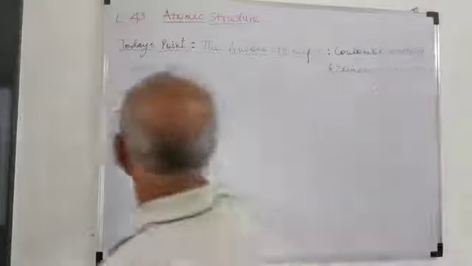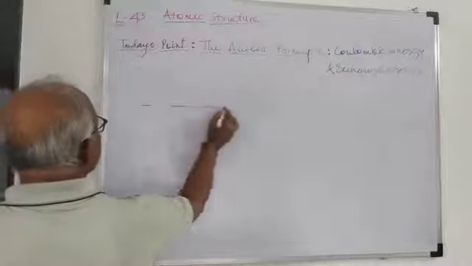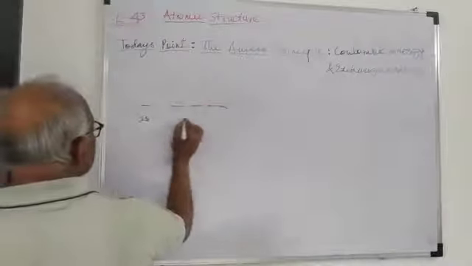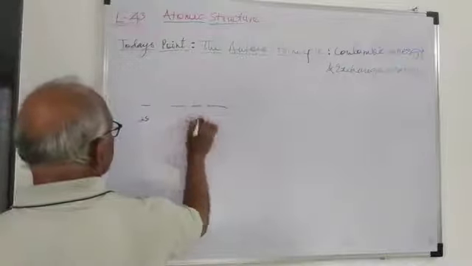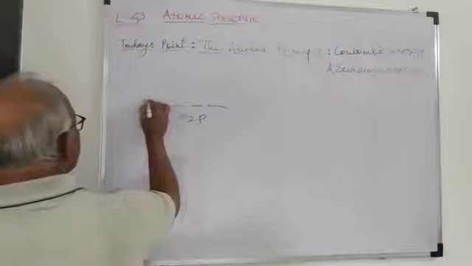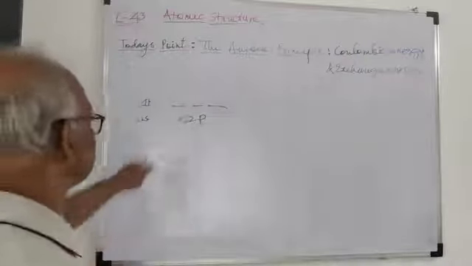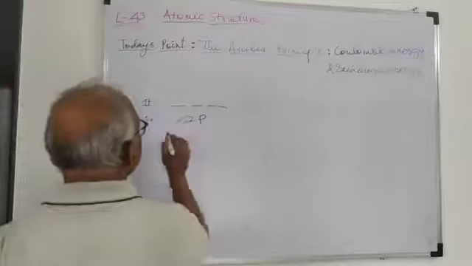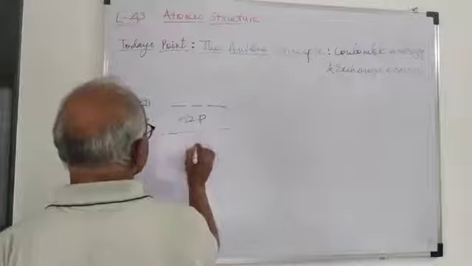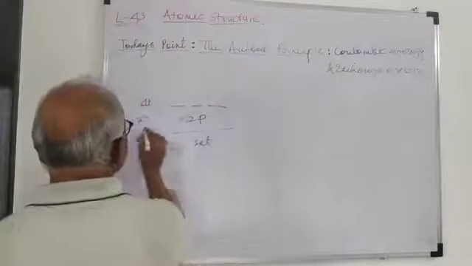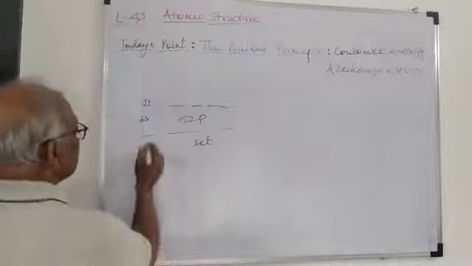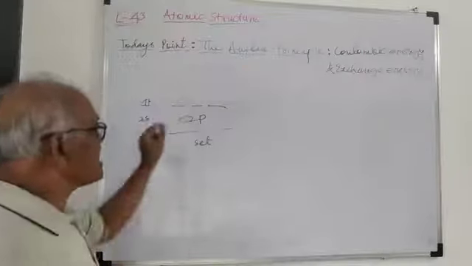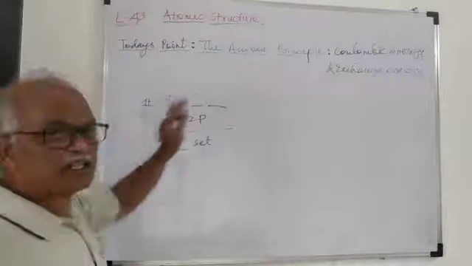Now if we see there are two such sets of atomic orbitals, this is 2s and this is 2p orbitals, then if we are having two electrons here, then the energy of these three orbitals, this is called one set, this set is different, and this set has only one atomic orbital, so this is another set. So these two sets of atomic orbitals are different, so their energies are also different.